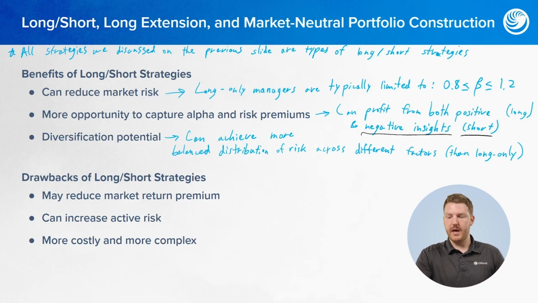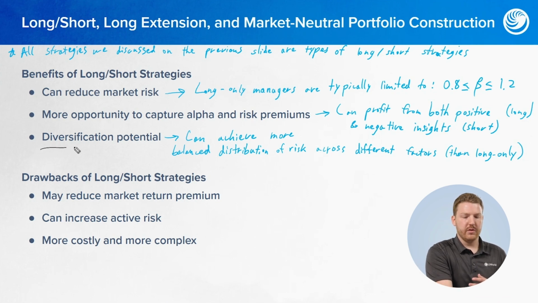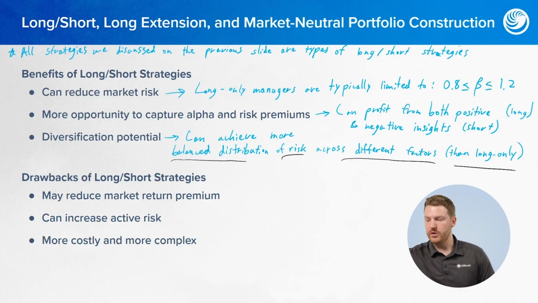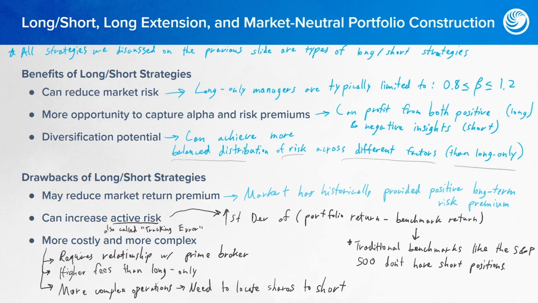The long-only manager cannot profit from the negative insights at all. And then finally, there's going to be more diversification potential with the long-short strategy than a long-only strategy, because it can achieve a more balanced distribution of risk across different factors than a long-only strategy would be able to.